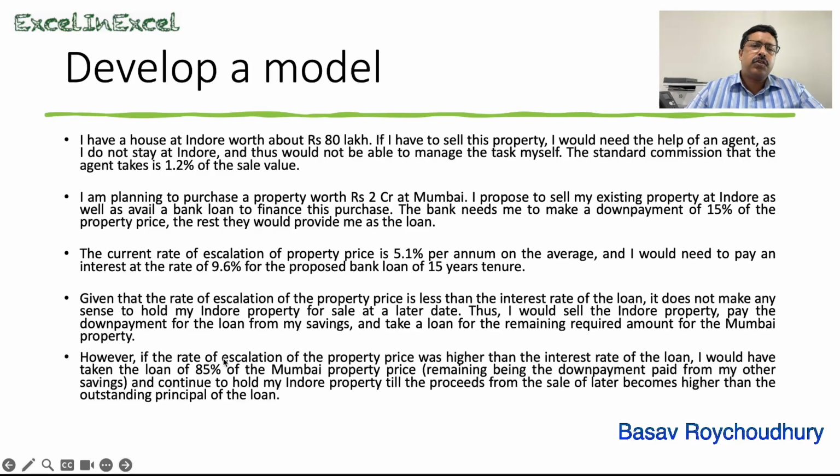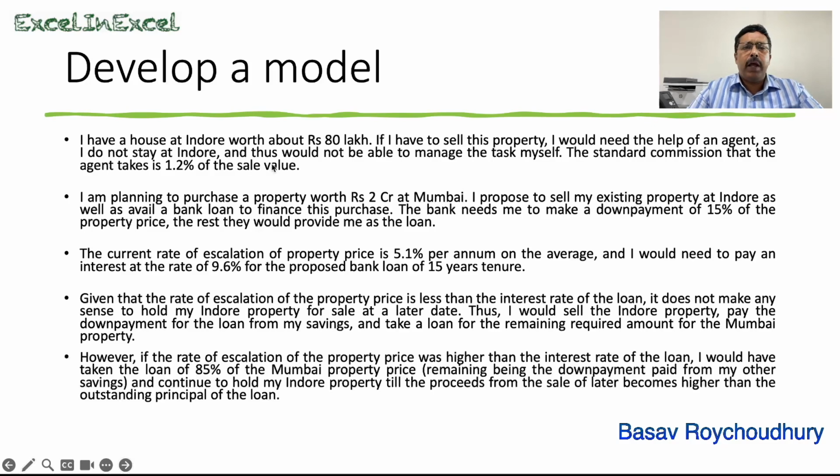So let's talk about a particular scenario here. Let's say I have a house in Indore which is worth about 80 lakh rupees. If I have to sell this property, I have to take the help of a commission agent, and the standard commission that the agent would take is 1.2% of the sale value.